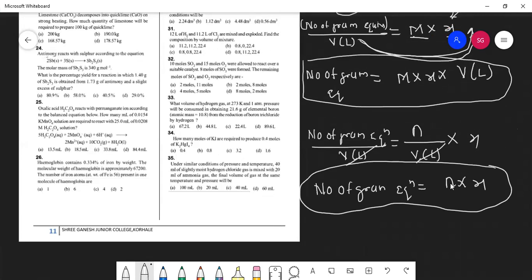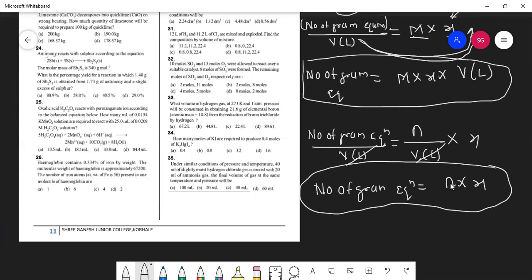Without looking at it, tell me the three formulas. What is the first formula? One by one.